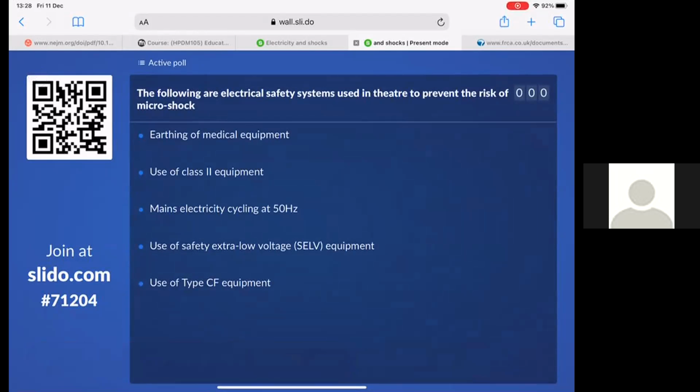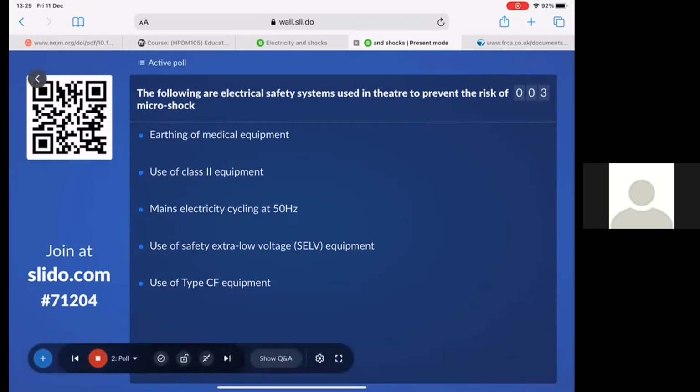I'll be interested to see if this is controversial. Cool.